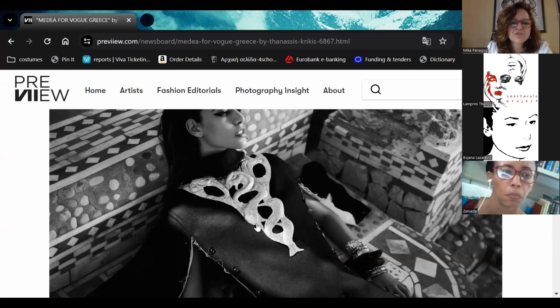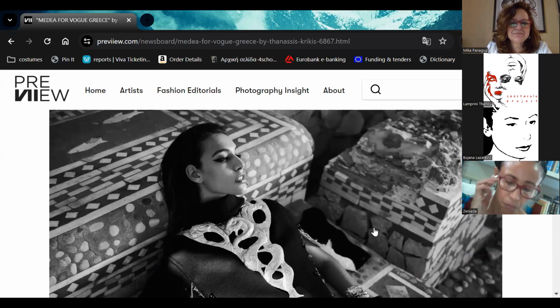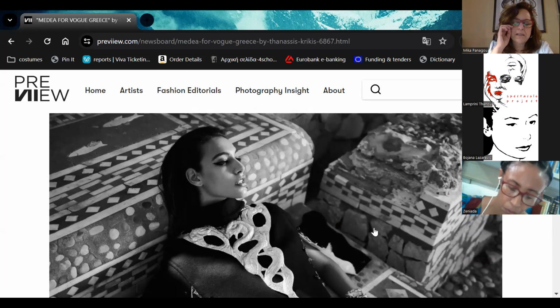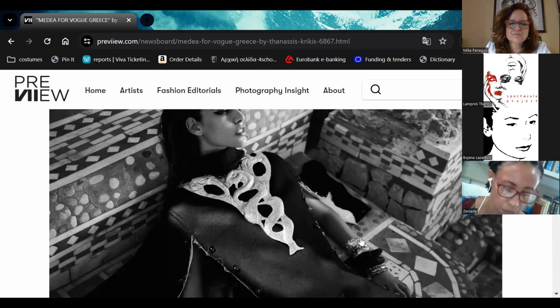So this is part of the jewelry we were saying. So here is jewelry. But we have to say that all these pictures, one after the other, they're quite dramatic. The colors, the way they are set, their surroundings.